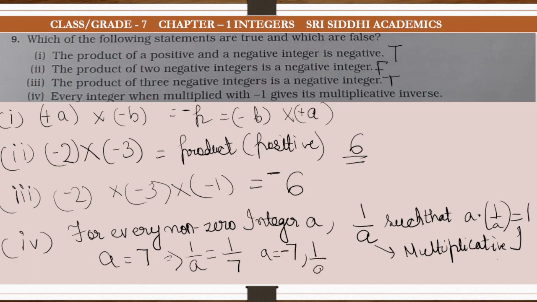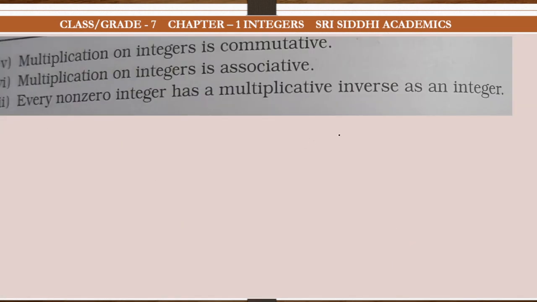It will be minus 1 by 7, right? So sign change does not guarantee that it will be its multiplicative inverse, but the reciprocal does. So this is not correct. This is false here. I'll write F for false for bit 4. Now let's move to solve other questions from number 9.